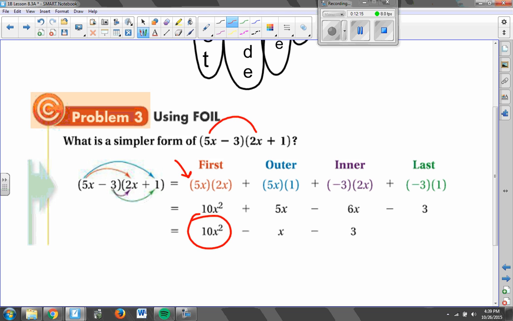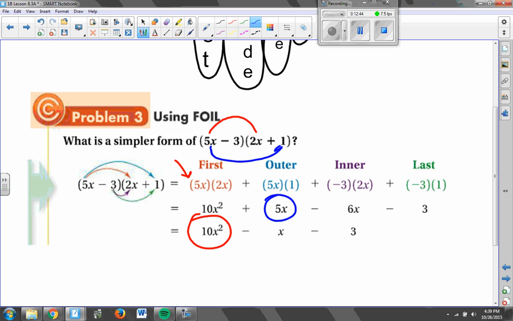Okay? The outside, or outer, as your book calls it, I call it outside. Outside terms are the two that are on the ends, on the outside. So, for example, in this case, it's 5x in the first one and the plus 1 in the second one, on the outside of your two parentheses. 5x times 1, that's 5x. Okay. The inside pieces are exactly the opposite.